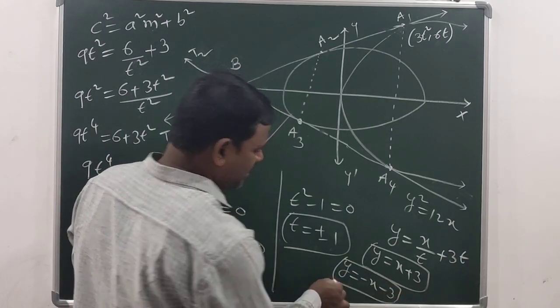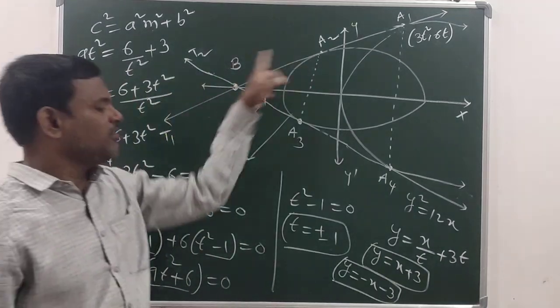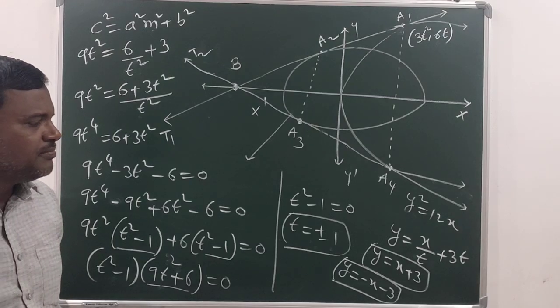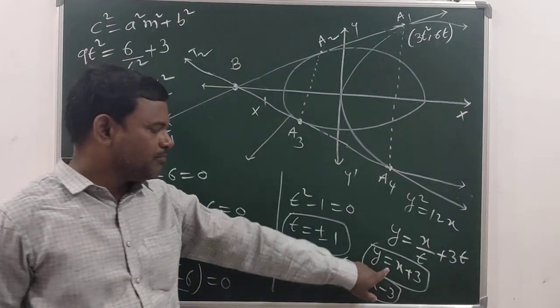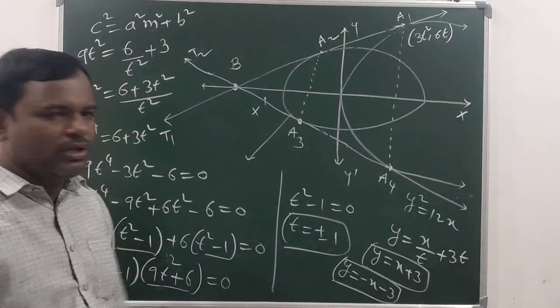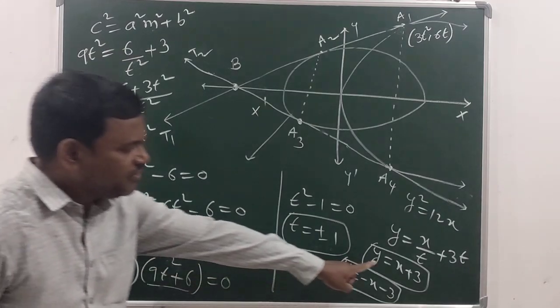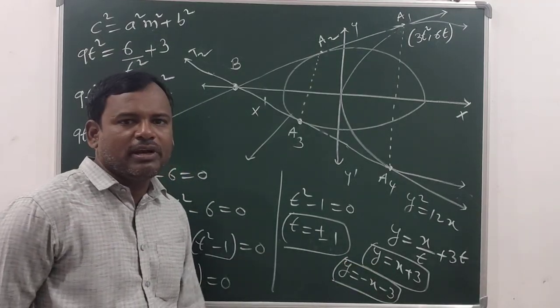You got two tangent equations, one is t1, one more is t2. Okay students, now solve both of them. One is y equal to x plus 3, the other y equal to minus x minus 3.